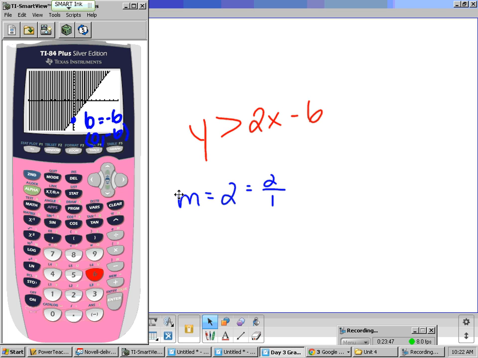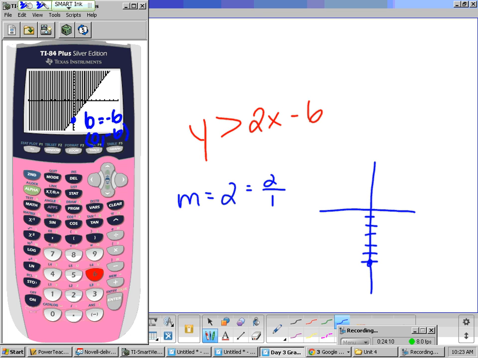So if you graph it on your calculator and you see it this way and you forget to put a dashed line, that's not on your calculator, that is on you. So for example, if you're using the calculator on a test to help you, you see, okay, that's the way I do it, so you graph it on your own paper. You put your y-intercept at -6.